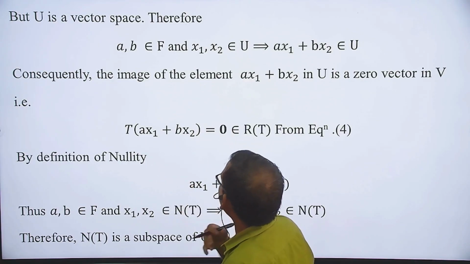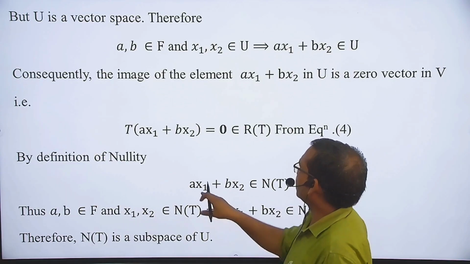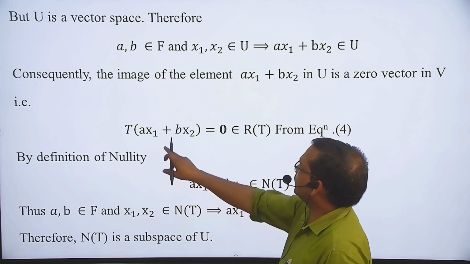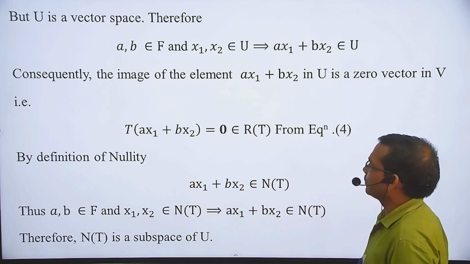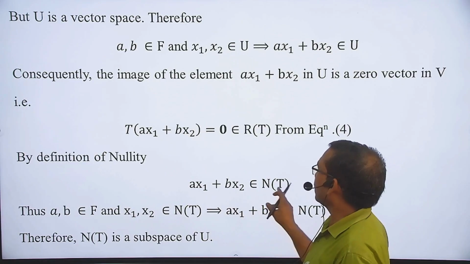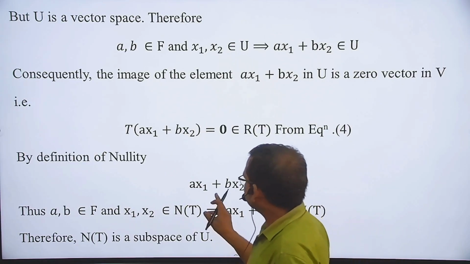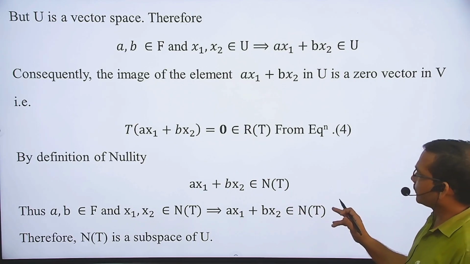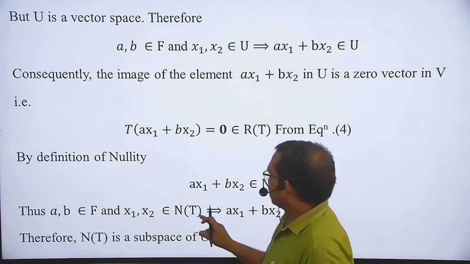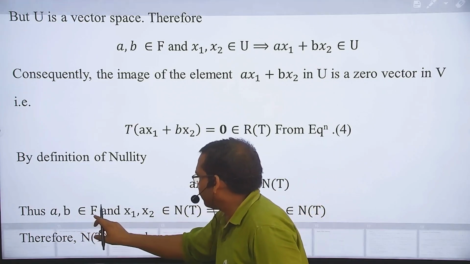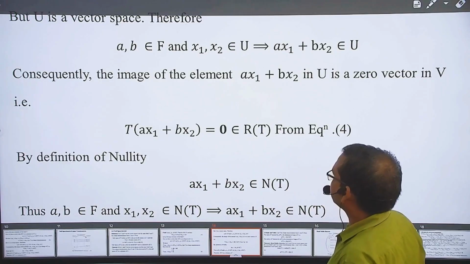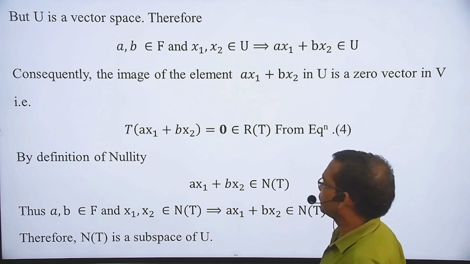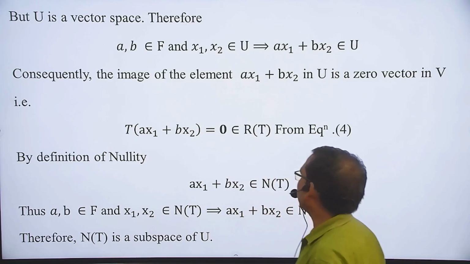By the null space definition, a x1 plus b x2 is an element which has image 0, so it comes in the set of the null space, that is, a x1 plus b x2 belongs to the null space, and this is the condition for being a subspace of a set of vectors. Thus a, b belong to F and x1, x2 belong to the null space implies a x1 plus b x2 belongs to the null space. Therefore the null space is a subspace of U.